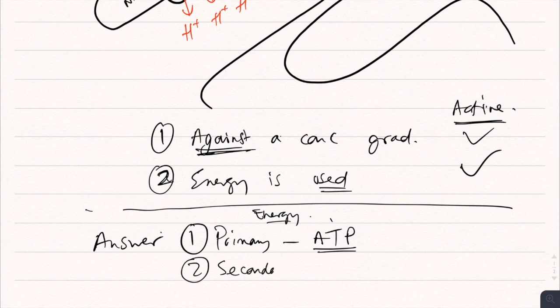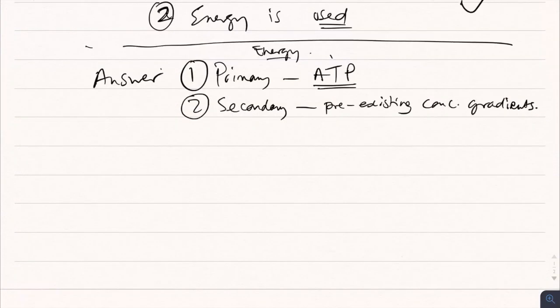Secondary active transport uses the potential energy in pre-existing concentration gradients. So what's the difference between primary and secondary active transport? Primary active transport is the one that we are most familiar with.